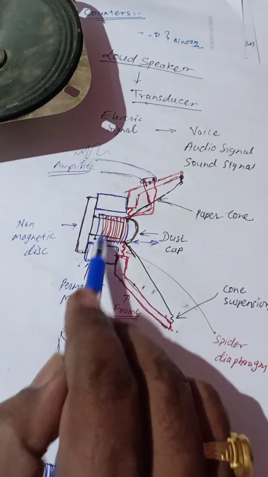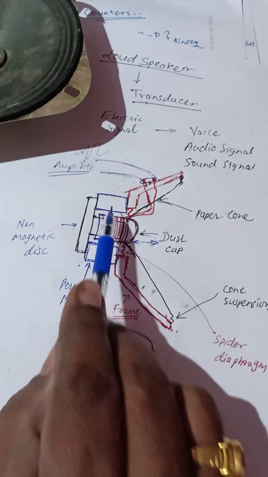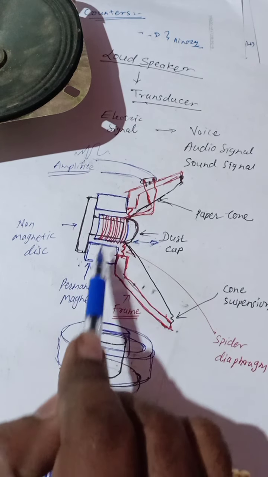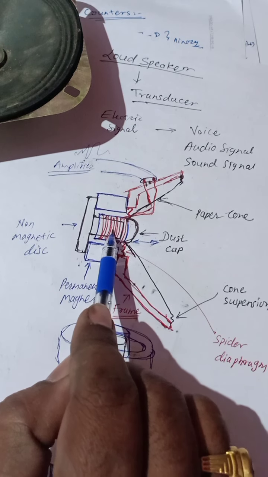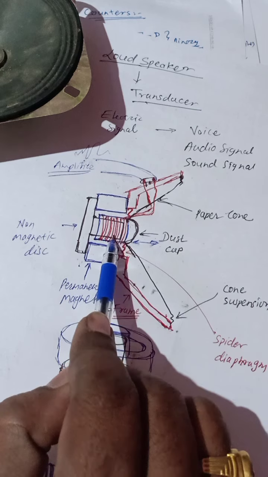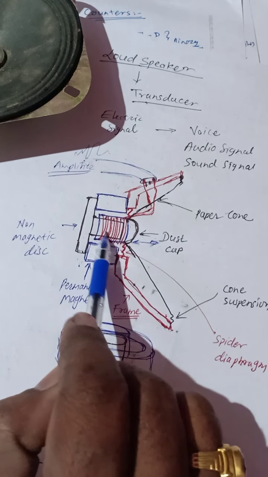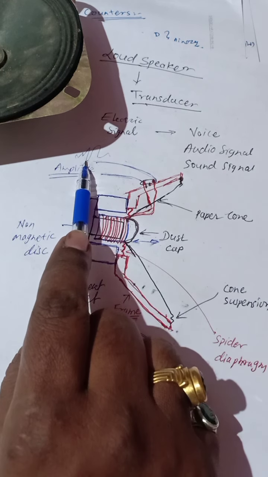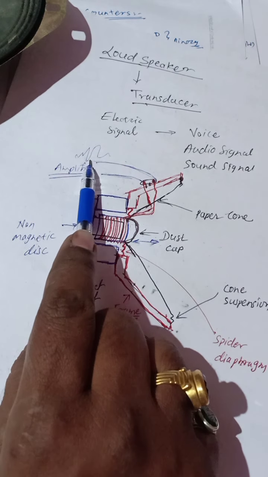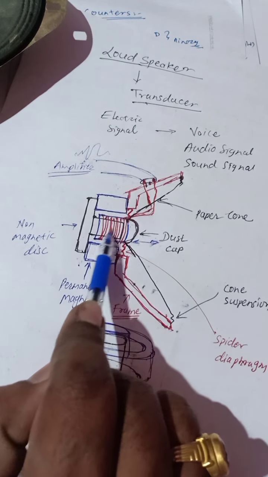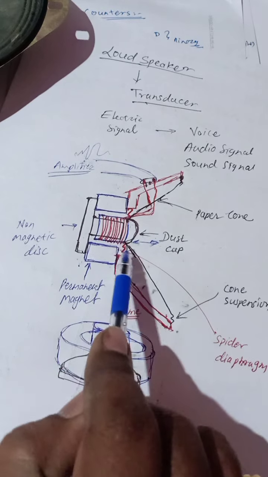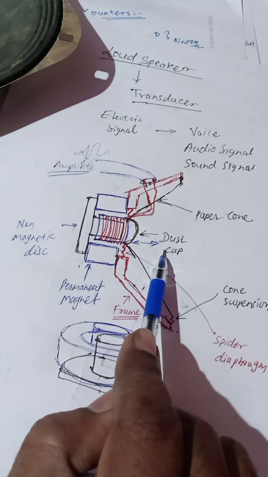Because of this interaction between the fixed magnetic field of the permanent magnet and the changing magnetic field, and why is it changing? Because the amplifier output is an AC signal connected to this coil, the coil is continuously thrown out.